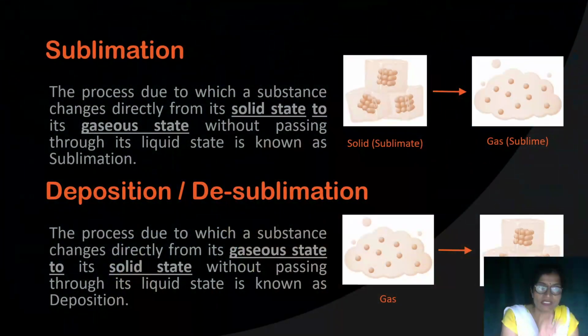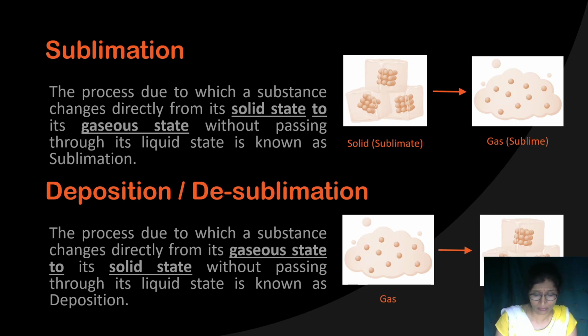This process is known as sublimation. Substances in the solid state, like camphor, naphthalene, iodine, ammonium chloride, we call sublimate, and when on heating they are converted into the gaseous state, in the gaseous state it is known as sublime.